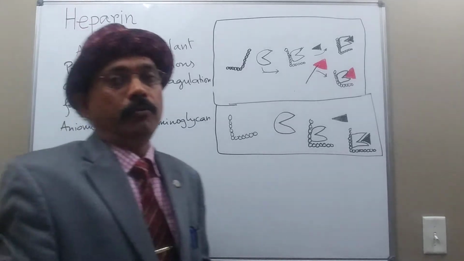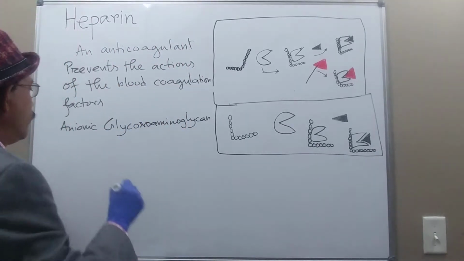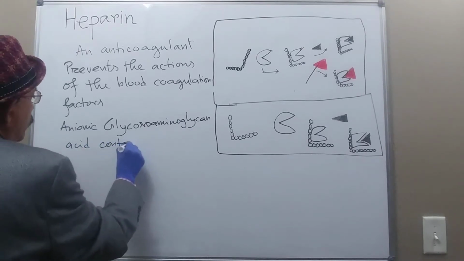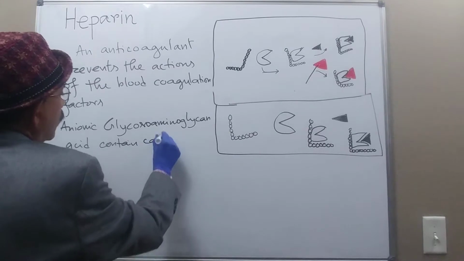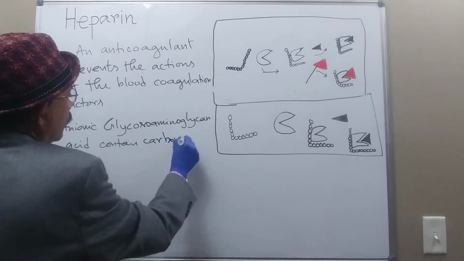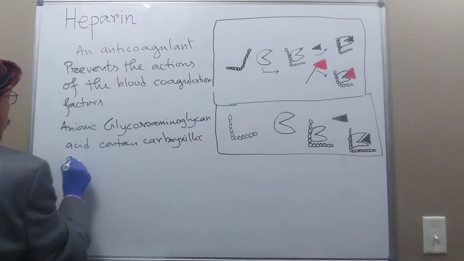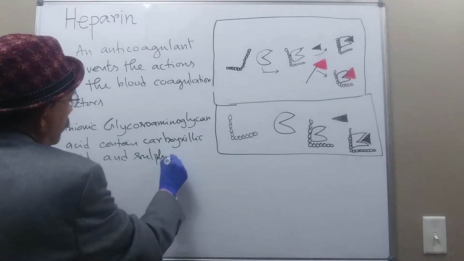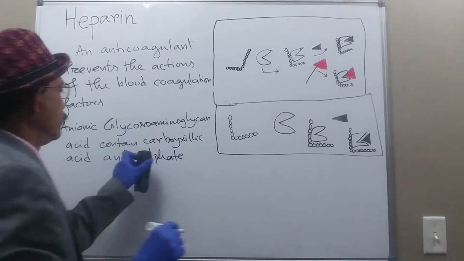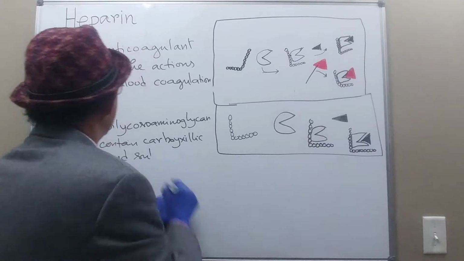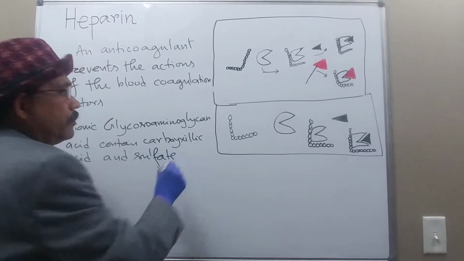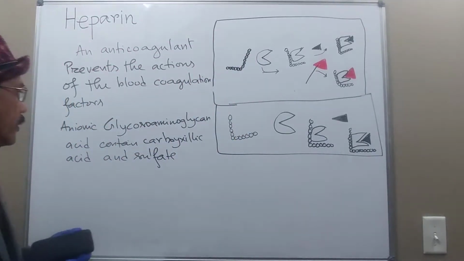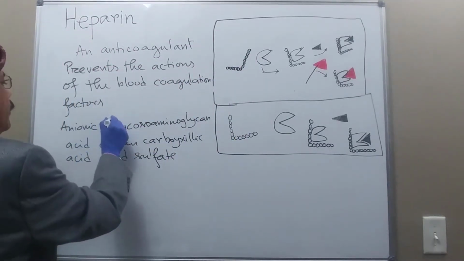It is acidic because it contains carboxylic acid and sulfate. So we got the structure of heparin.